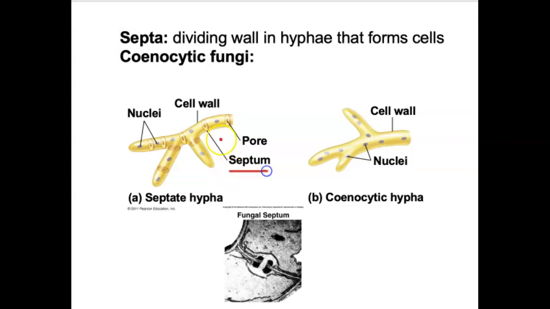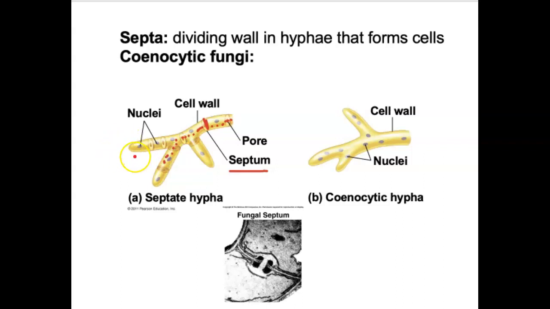There it is right there. And it's just this little dividing structure. Now, often the septum have little holes in them or pores that allow nutrients and things to go through from one hyphae cell to the next, to the next, and so on.